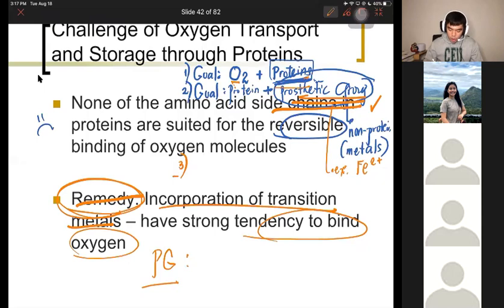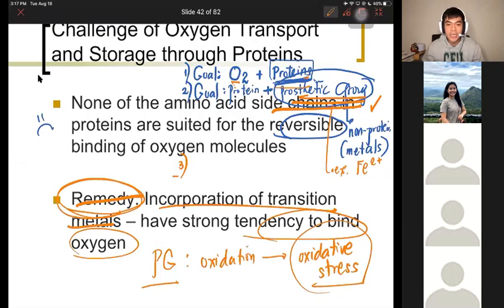So kapag na-oxidize ang transition metal, that can result to oxidative stress o magiging reactive siya. So anong magiging implication kapag nag-result sa oxidative stress pag na-oxidize ang prosthetic group? Masisira ang cells. Nakakapatay ng cells yan. So problema na naman yan.